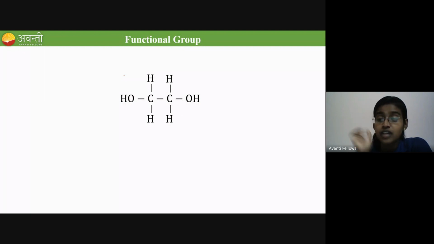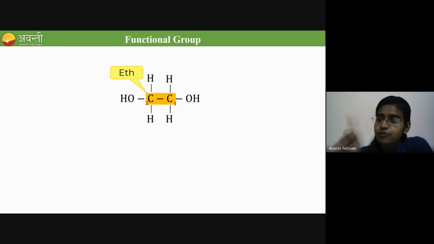In IUPAC naming, there should not be any change. The name has to be given as such. You have to follow all the rules. So in this particular compound, how many types of functional groups do we have? Only one. That is alcohol, right?